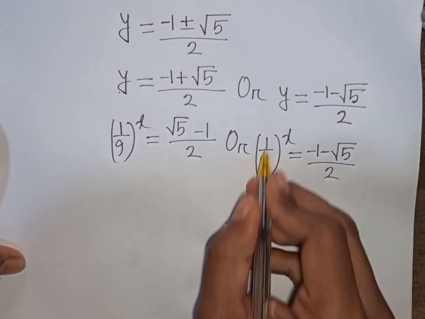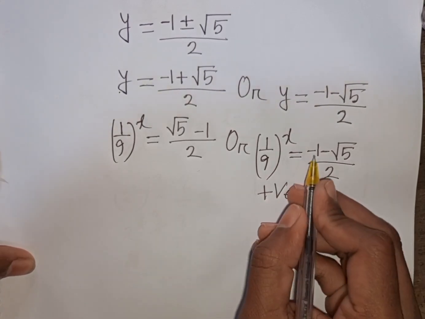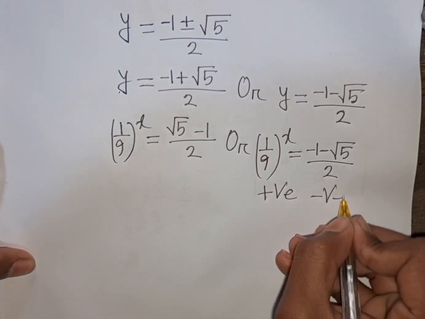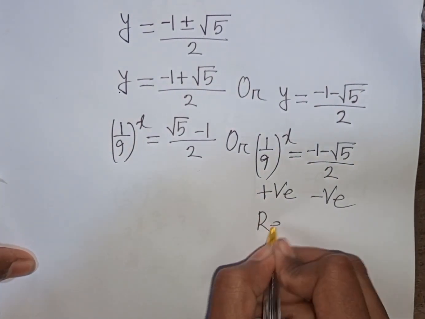Now we see, (1/9) to any power is always positive, but minus 1 minus square root of 5 divided by 2 must be negative. So positive cannot be equal to negative, so this is rejected.